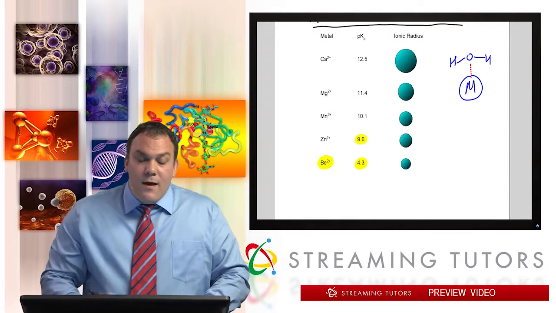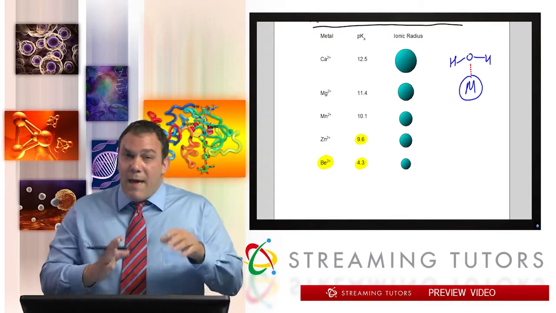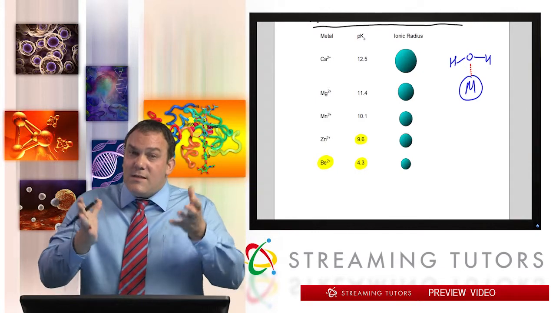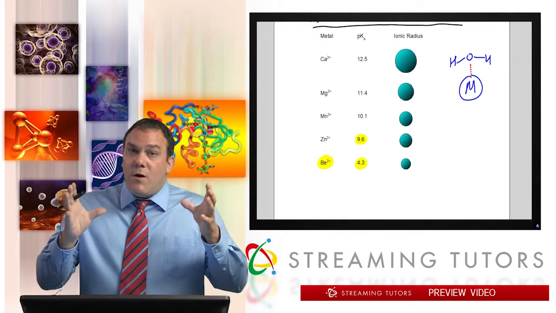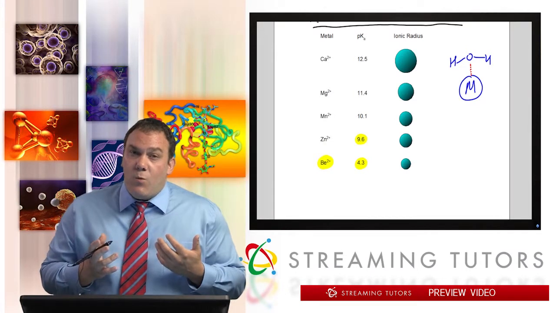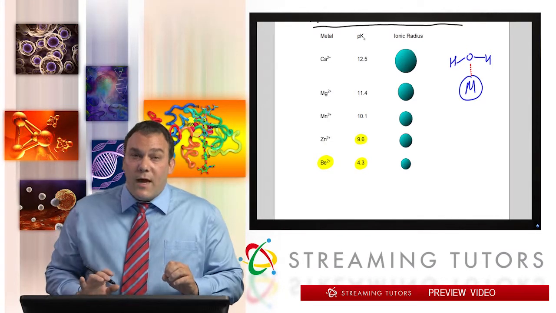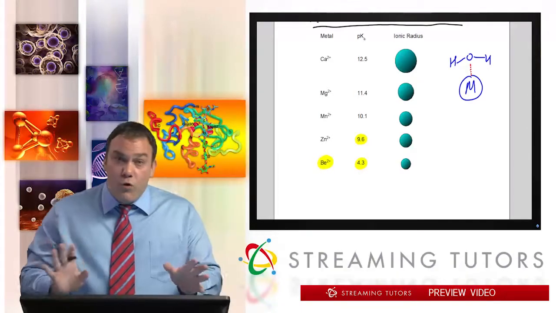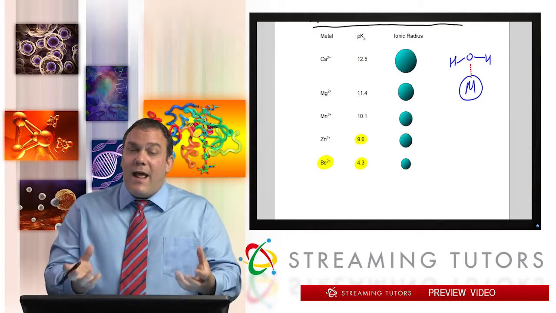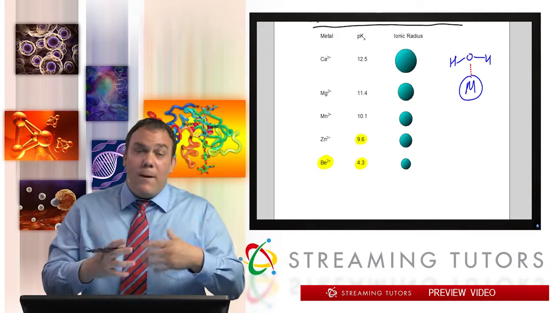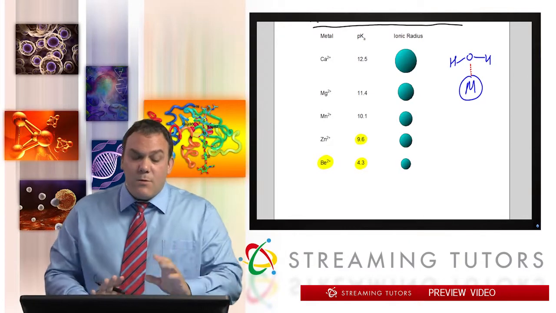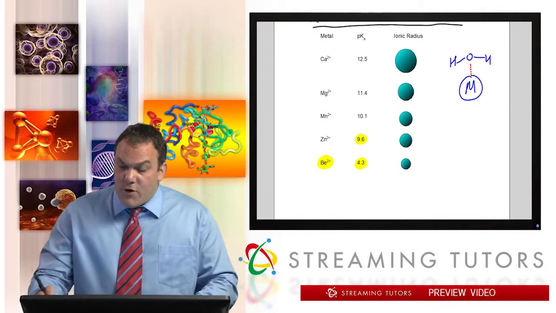So we have zinc, and then we have magnesium, manganese, calcium. As you can see here, as you get larger and larger, it becomes a weaker and weaker influence on water. And that's what we're seeing. Okay, so this is all group 2 elements and some transition metals that have a positive 2 charge and 2 electrons in the valence shell. Okay, that's what we're seeing here in this trend.